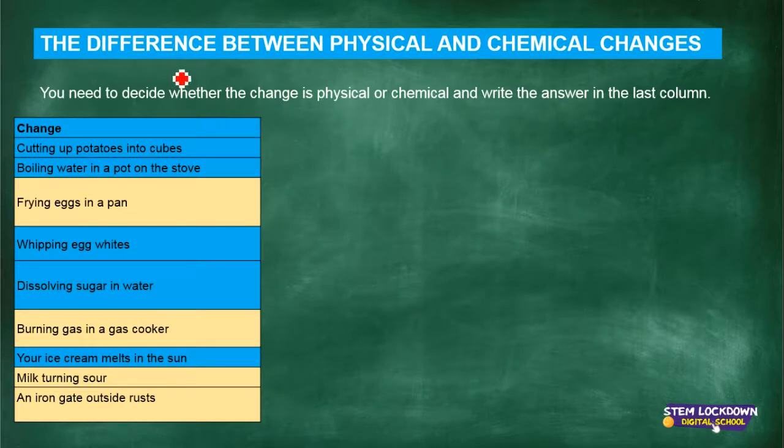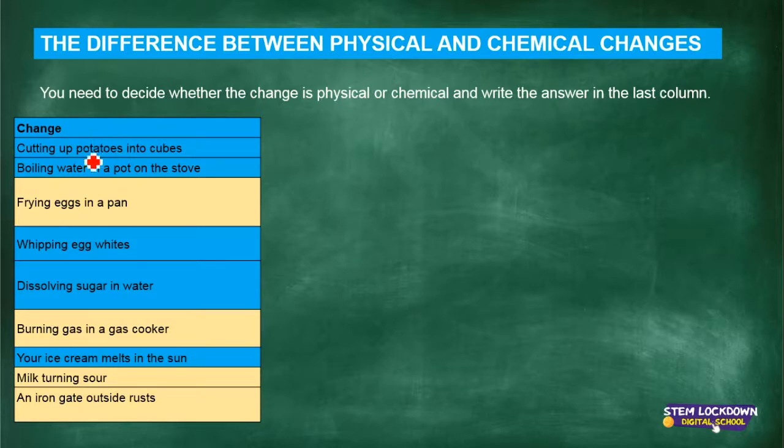So now we say the difference between physical and chemical changes. What is the difference between physical and chemical changes? We need to decide whether it is a physical change or a chemical change, and then you can write down your answer, or you can send it on the chat to tell me.